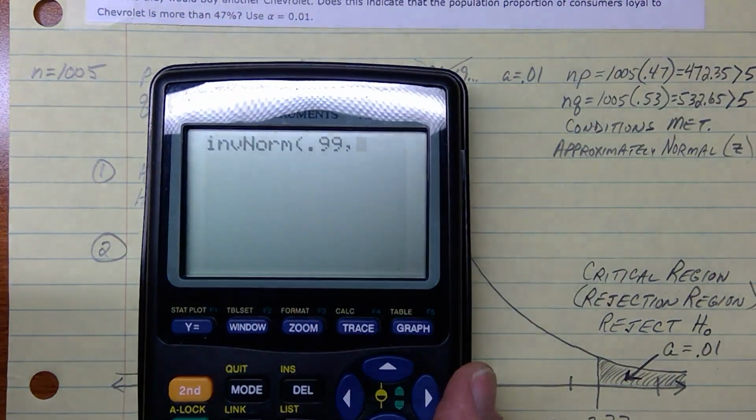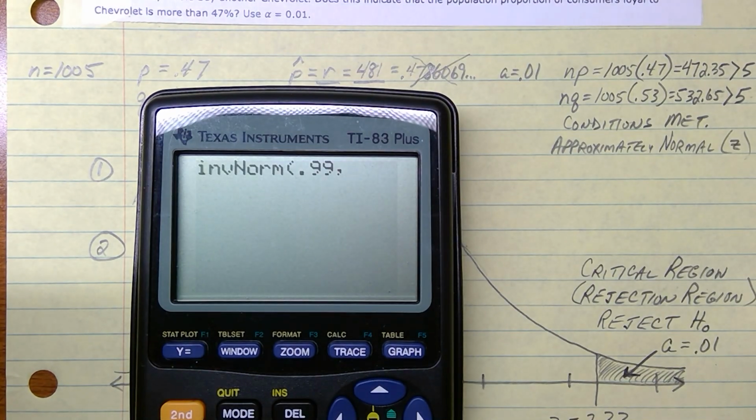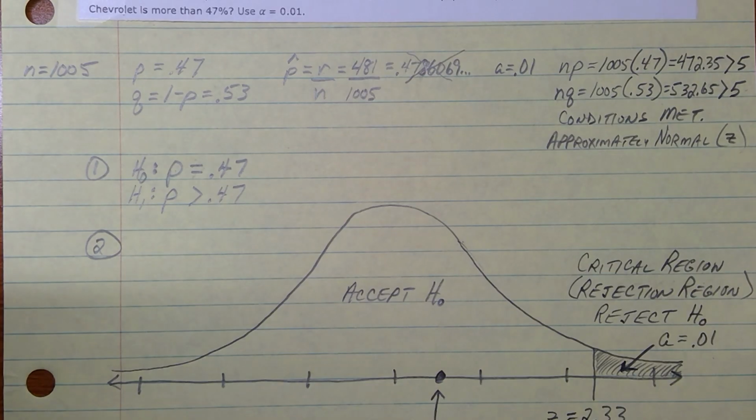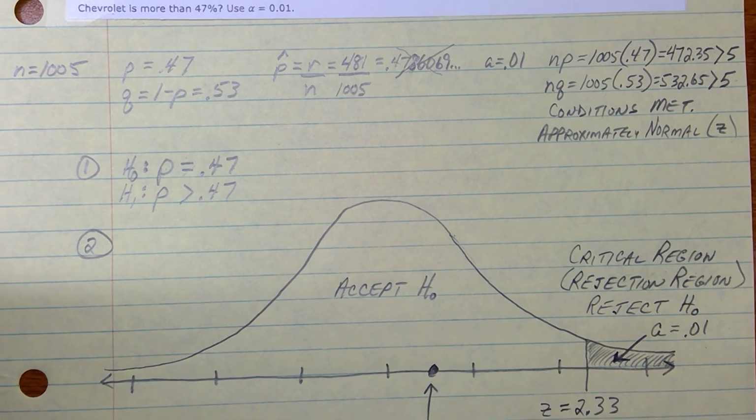And then you have to tell it what's the average. Well, the average on a normal curve is 0 in the middle. And then comma, and then they ask you, okay, how big are your steps? How big are your standard deviations? We're going one step at a time. Close your parentheses, and you wind up at the same place, if you like to look those up on the calculator. But it's pretty quick to do on the table. If you have the table handy, just grab the table.